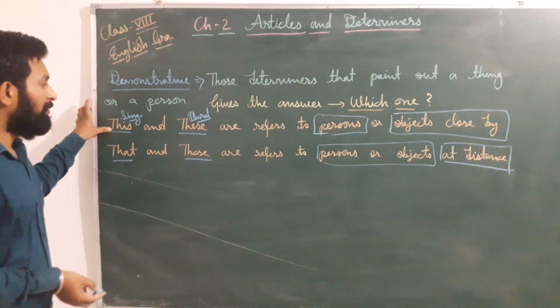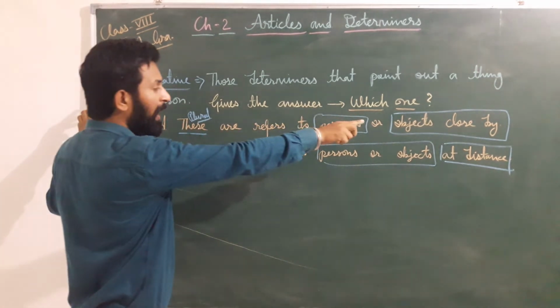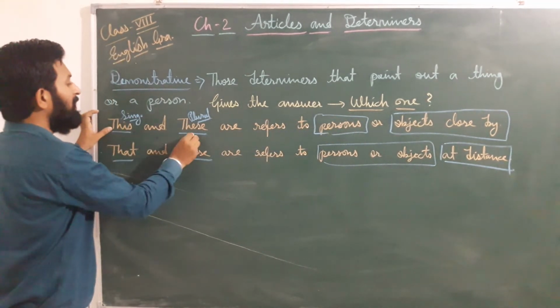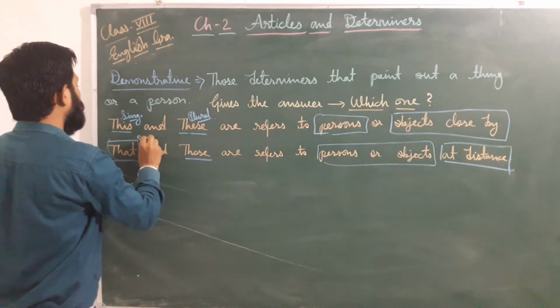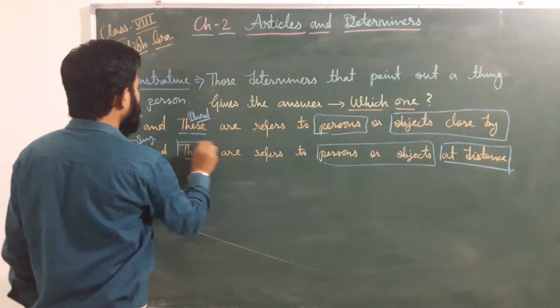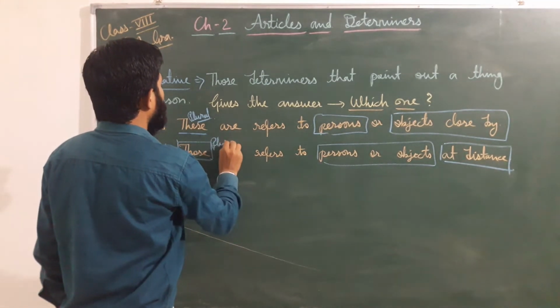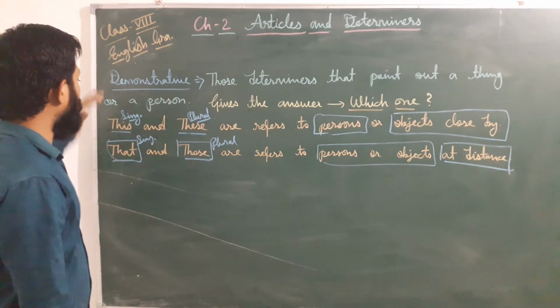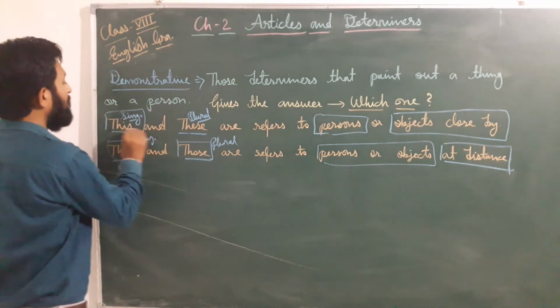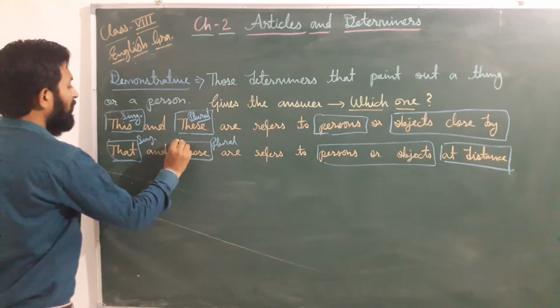This is used for close by. This is used for singular, these is used for plural. That is used for a singular noun, and those is used for a plural noun. Dear students, this is demonstratives, and you have to remember only four words: this, these, that, and those.